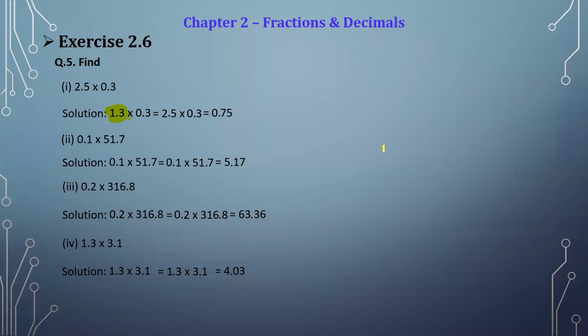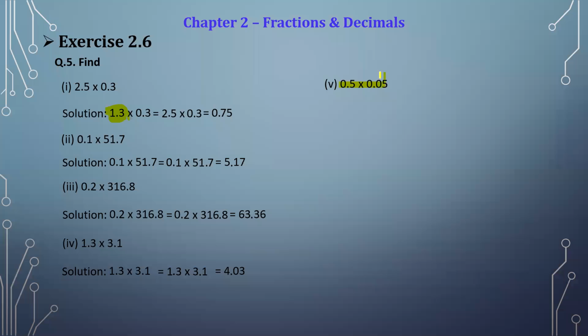Now here the next example is like this: 0.5 into 0.05. Now if we see this example, it is looking very difficult to calculate because too many decimal numbers are there, like 0.5, then here 0.05 is there. Now how to solve it?